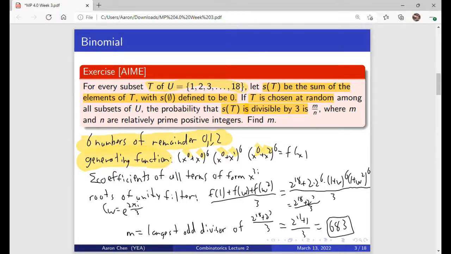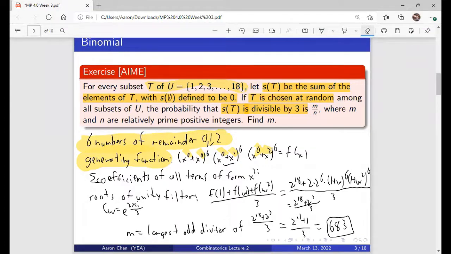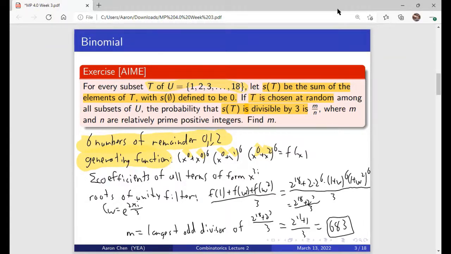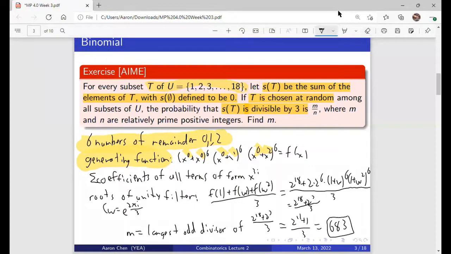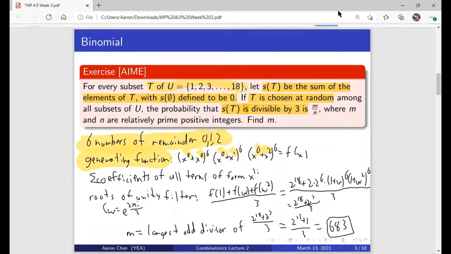That means if we choose not to include this number in the sum, the remainder when divided by 3 will change by 0, and if we do choose to select it, the remainder will still change by 0. The second pair, x^0 and x^1, states that if we choose to include it, our remainder increases by 1, and otherwise it stays the same. The same applies for the final pair.